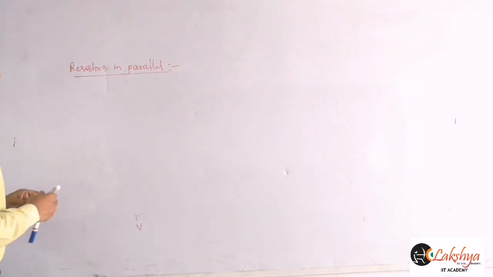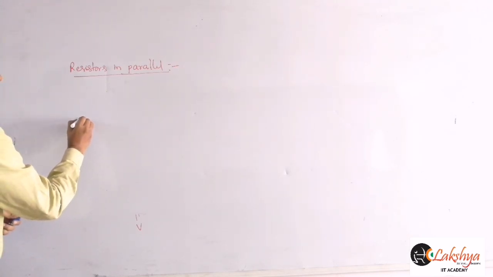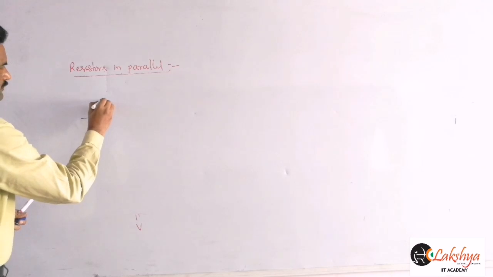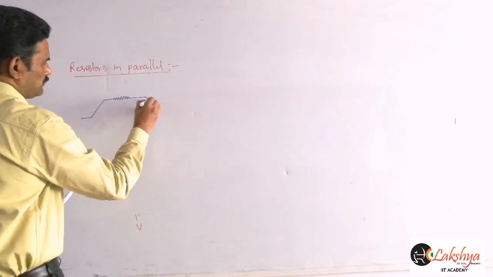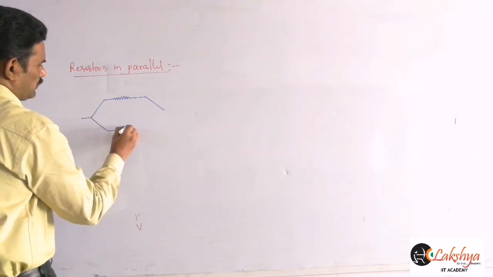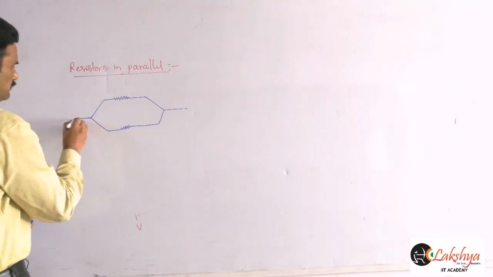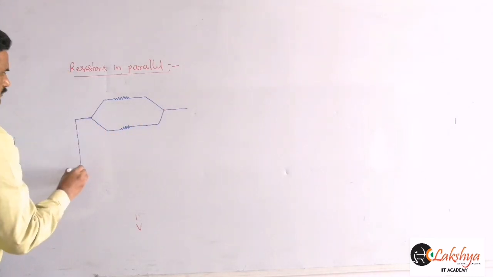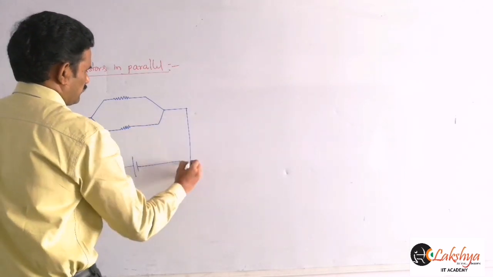And so now we can consider this as, suppose again I am taking two resistors here. We are applying potential difference like this.